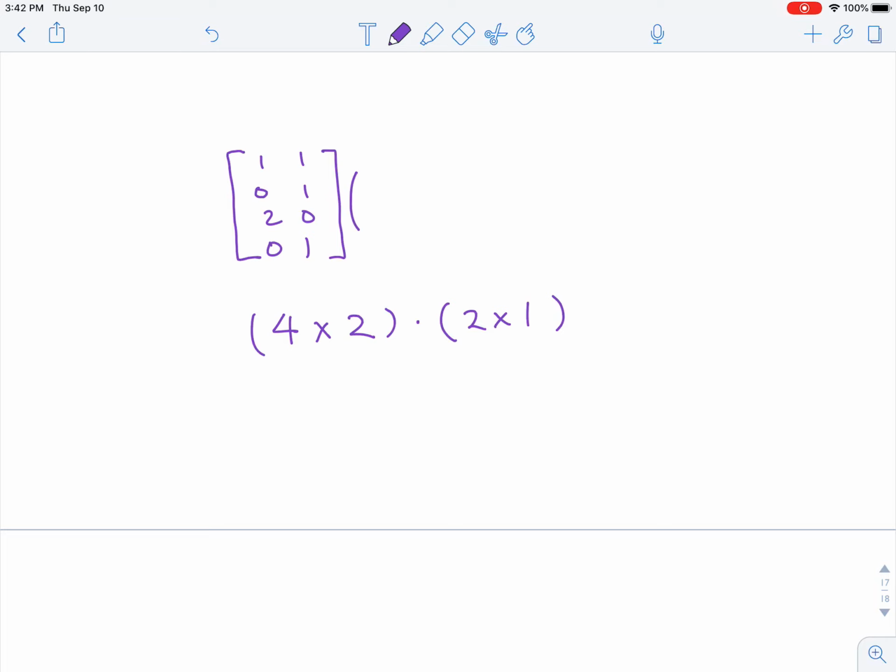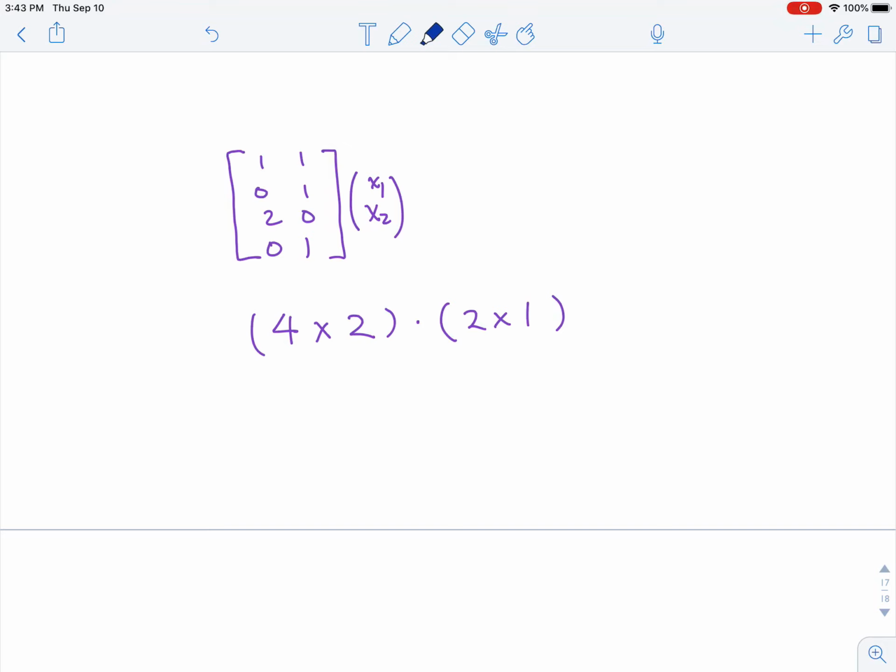And what we could do, we know absolutely how to multiply by a 2 by 1 matrix. Right? If I put an x1 and an x2 there, you would totally know what to do. You would take the x1 times the first column, the x2 times the second column, and you would add them up.